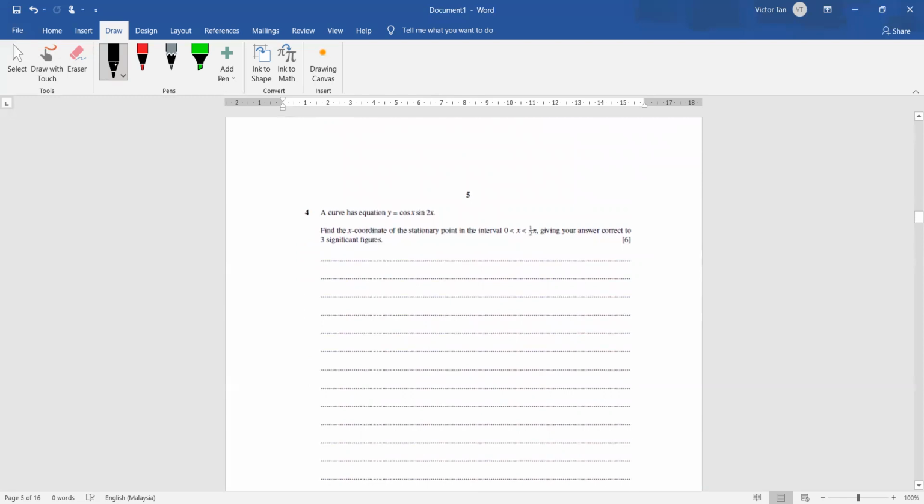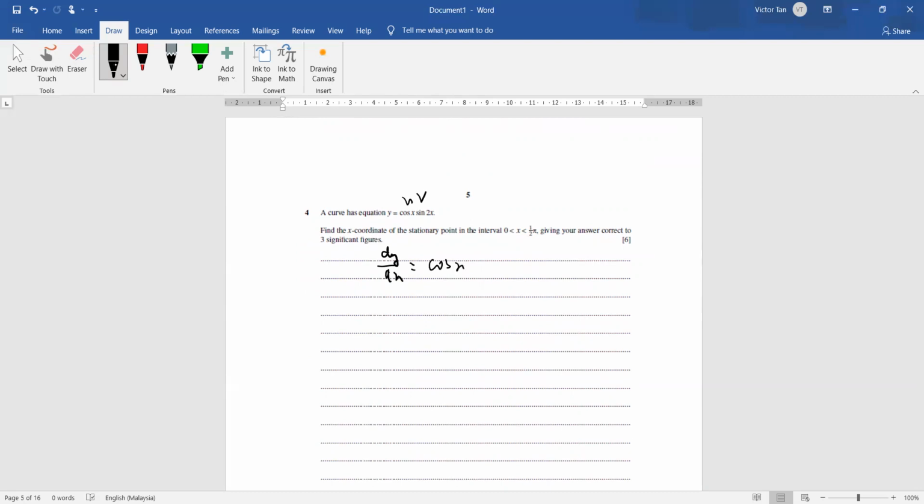The curve has equation y equals cos x sine 2x. Find the x coordinate of the stationary point in the interval 0 to half pi. Give your answer correct to 3 significant figures. Finding the stationary point, you have to differentiate. This is the product rule, uv.